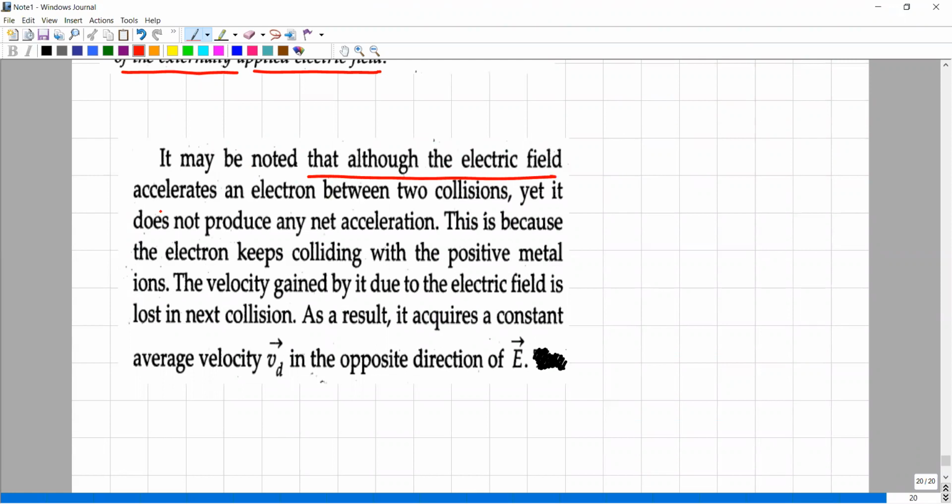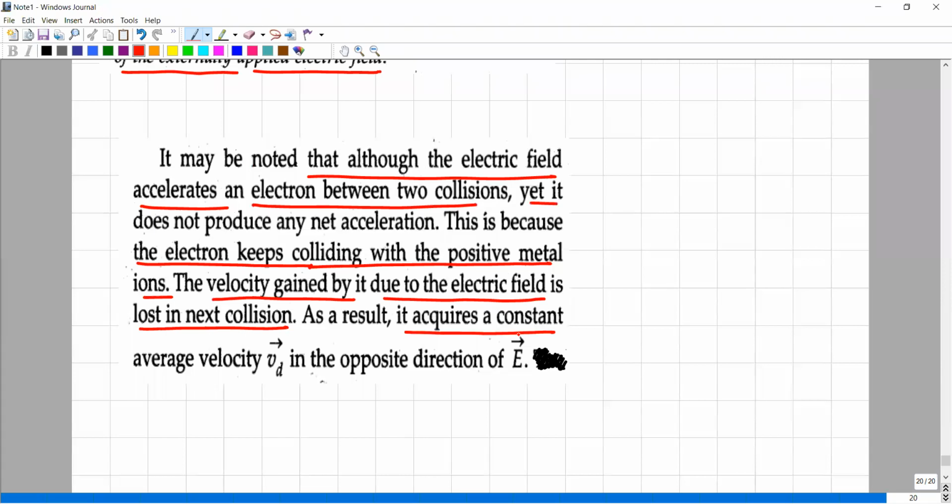Although the electric field accelerates an electron between two collisions, yet it does not produce any net acceleration. This is because the electron keeps colliding with the positive metal ions. The velocity gained by it due to the electric field is lost in the next collision. So as a result, it acquires a constant average velocity. What does it mean?